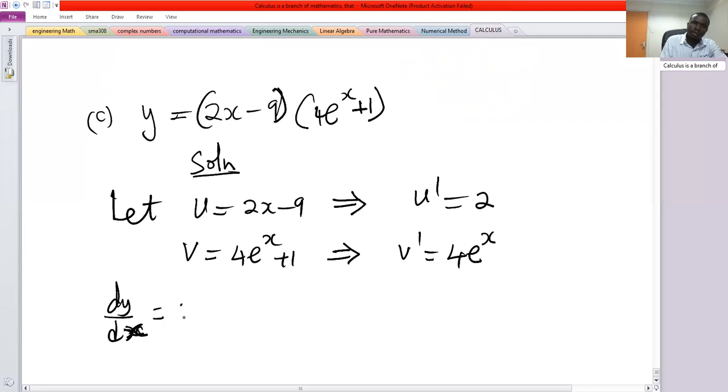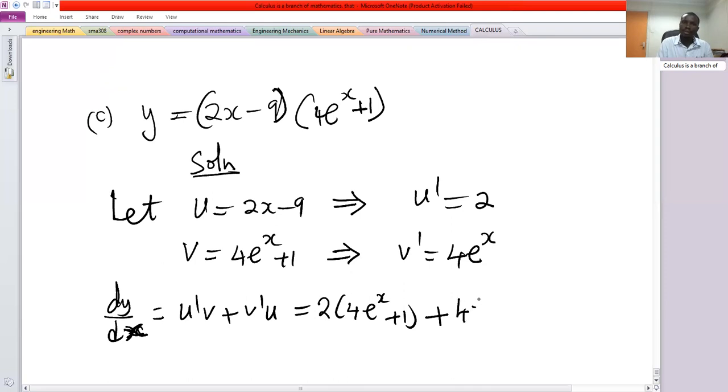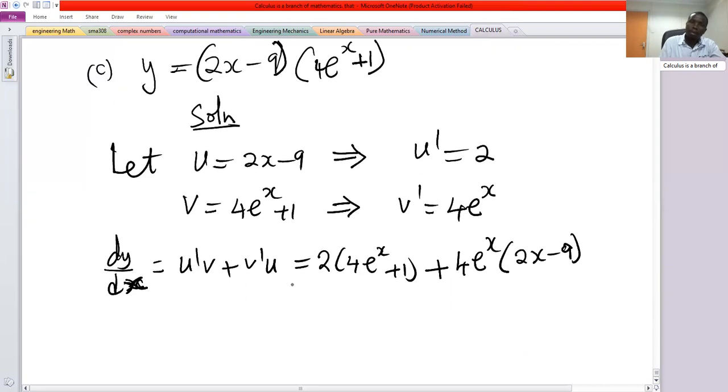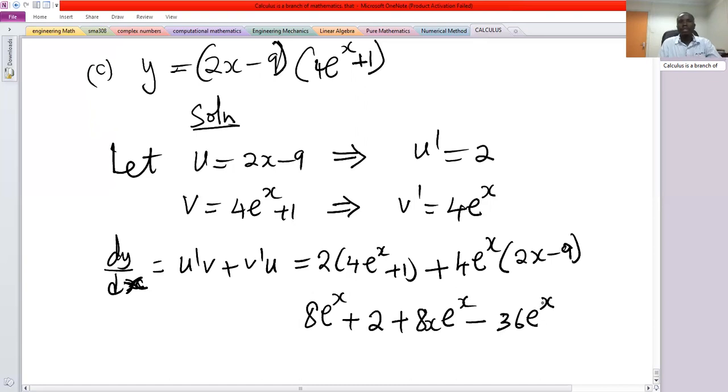is u prime v plus v prime u. So u prime is 2 times v, 4 e raised to x plus 1, plus v prime, 4 e raised to x, u is 2x minus 9. So 8 e raised to x plus 2 plus 8x e raised to x minus 36 e raised to x.